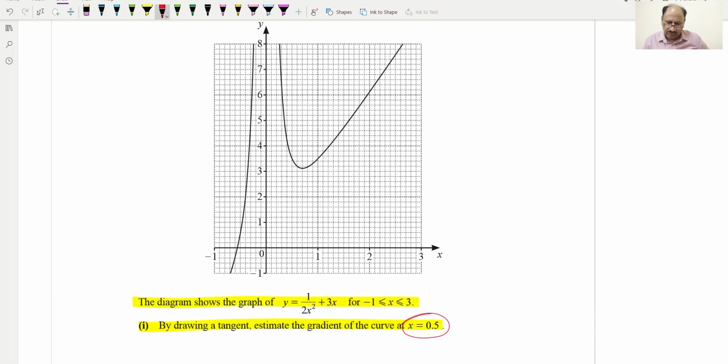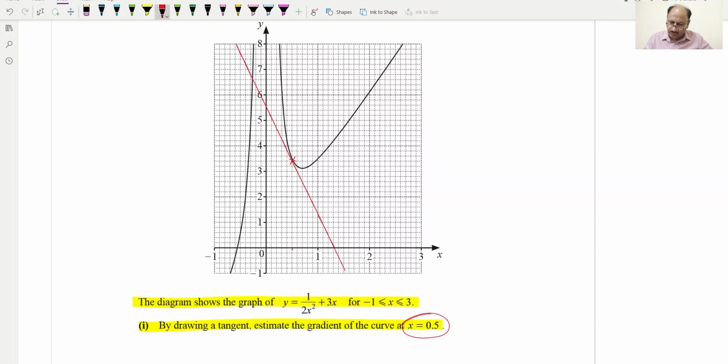First we need to identify 1, 2, 3, 4, 5. This is the point where we require the gradient, so the line should touch only at this point. If we draw the tangent, this will be the tangent roughly. Hopefully you are getting this.